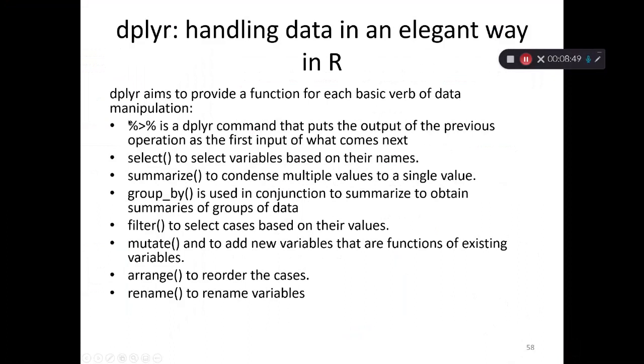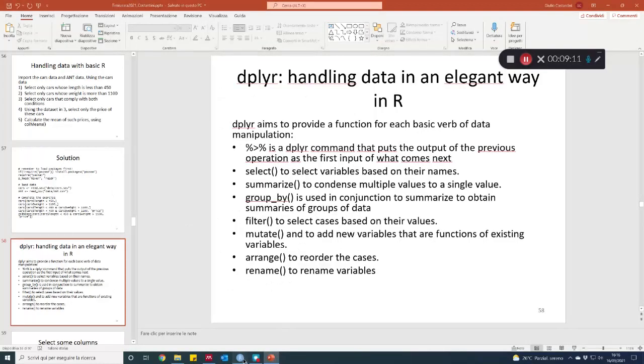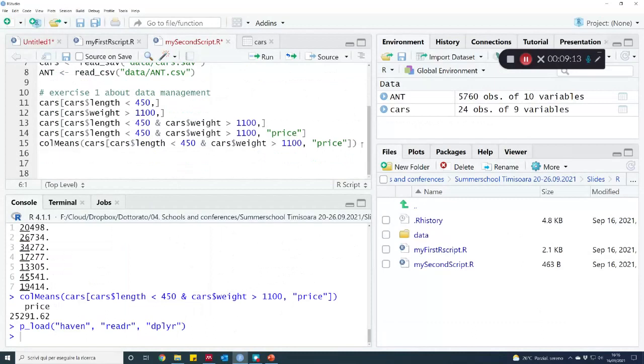Well, this function, percent greater than percent, is sort of a pipe function that is shooting the output of what is before this command as the first argument of what comes next. It seems complicated, but let's just use it so that you can see what I mean.